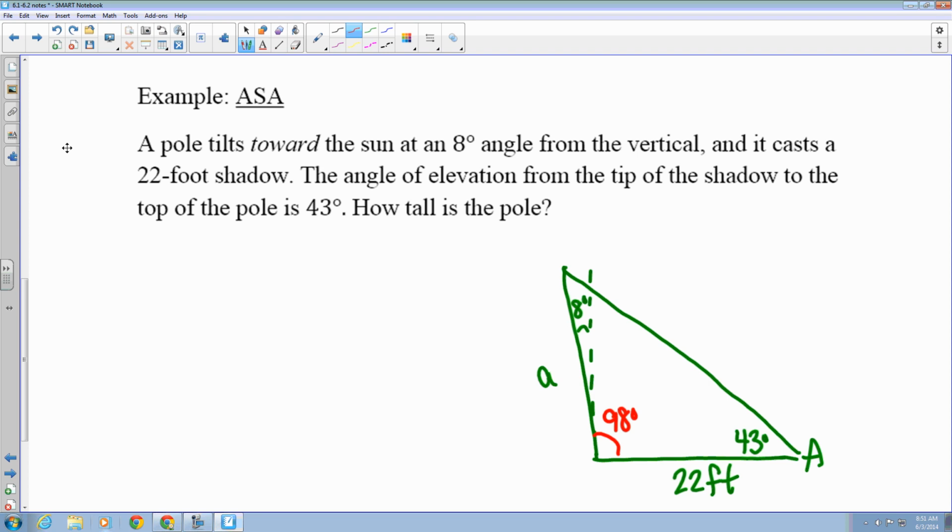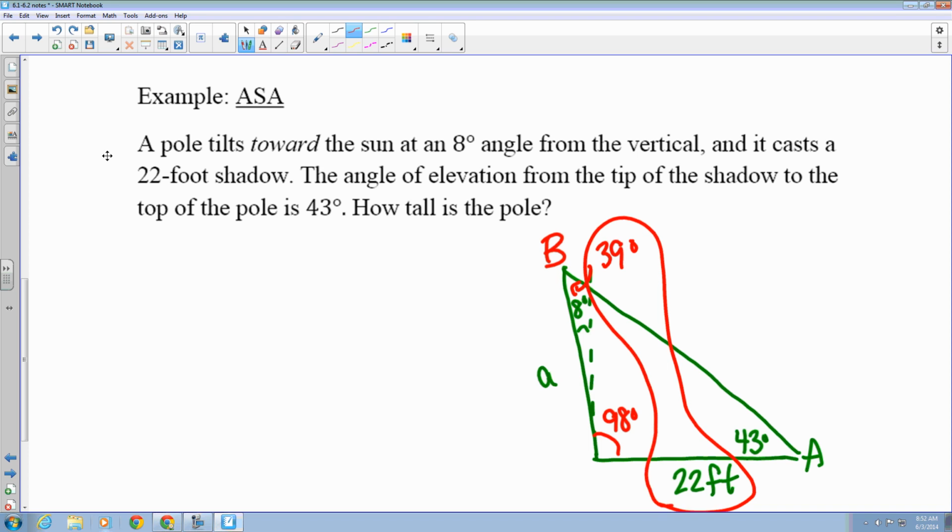So we need to find this angle up here. Let's call it B. I need to find angle B so that I have that pair with the 22. So my angle B is 39 degrees. That's better. So now I can set up the pair with the 22 and the 39 to find the length of A.